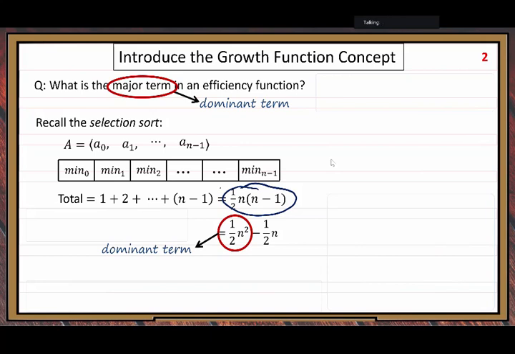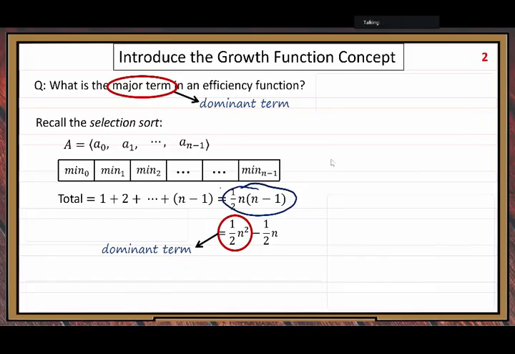So even if the constant part is different, we want to put those functions with the same variable part but different constant part in the same category.